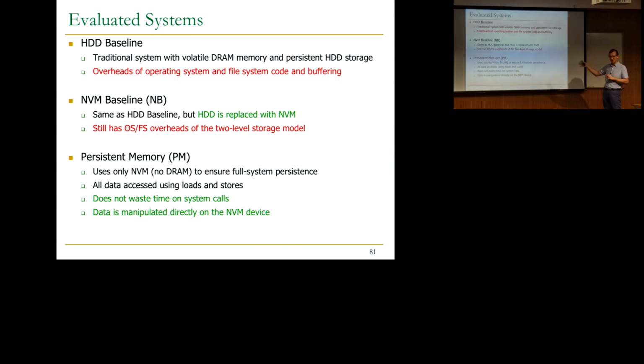We use the memory-mapped approach. Exactly, yeah. But the overhead is still there if you're doing a lot of manipulation on persistent data. So we're assuming a state-of-the-art system with memory mapping. But even that includes overheads, right? And some of the applications we evaluate are actually doing a lot of persistent data manipulation.